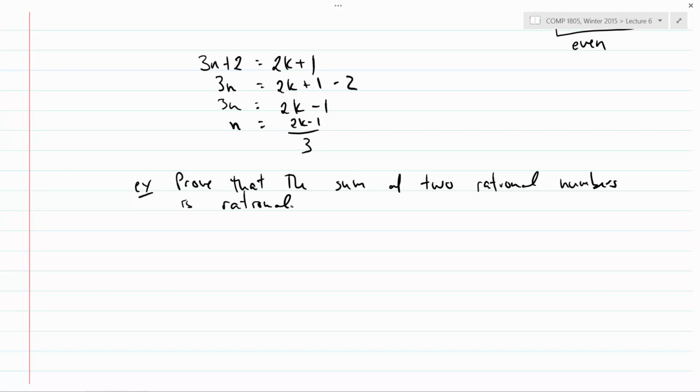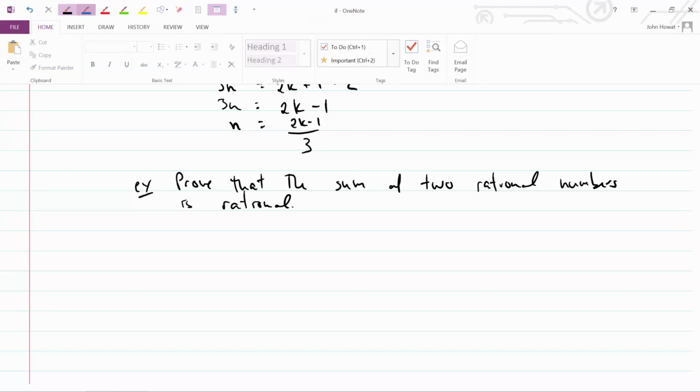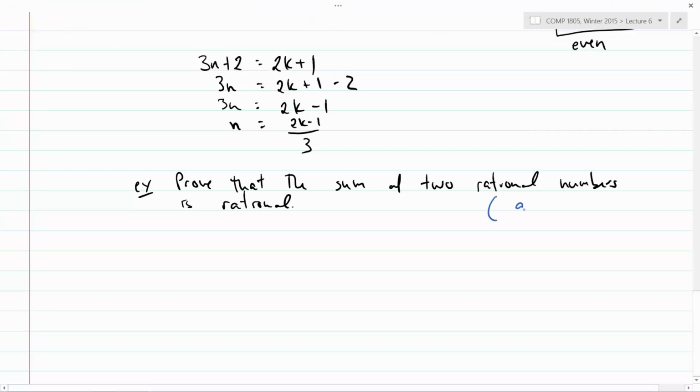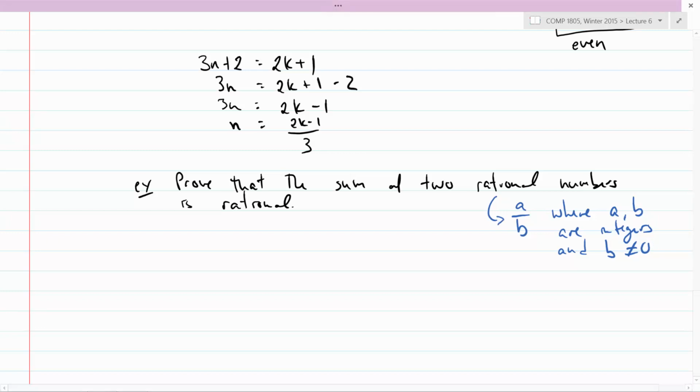So a rational number is the ratio of two integers where the bottom integer is not 0. All right, so let's write that down. It's A over B, where A and B are integers, and B is not 0.